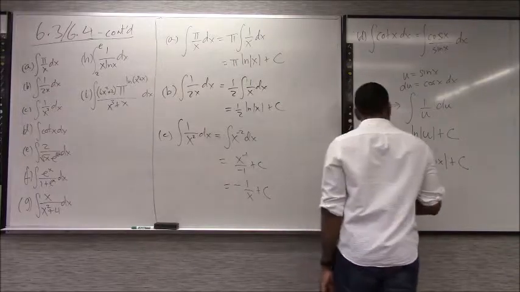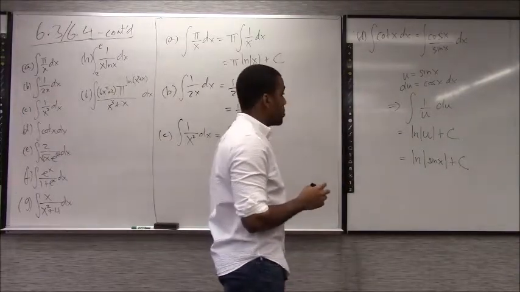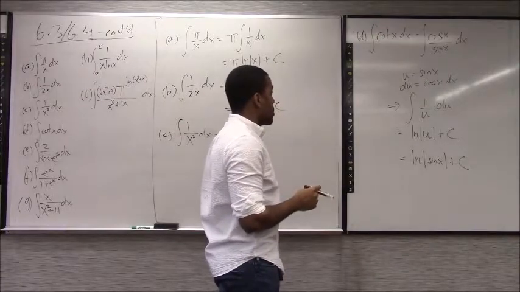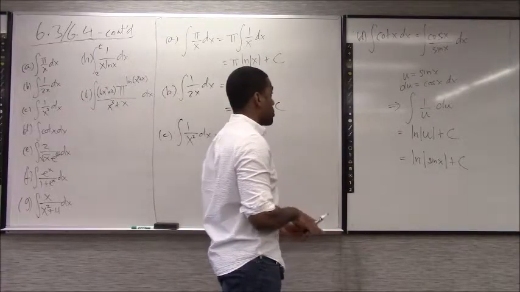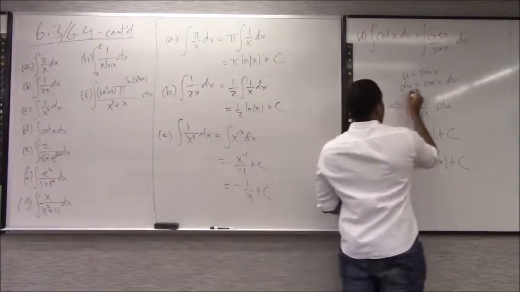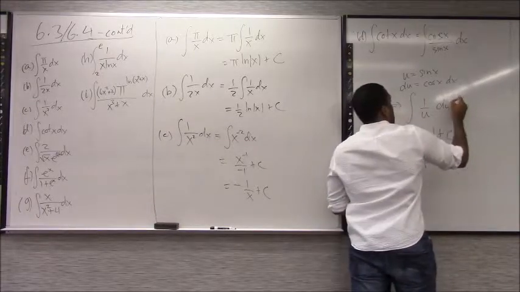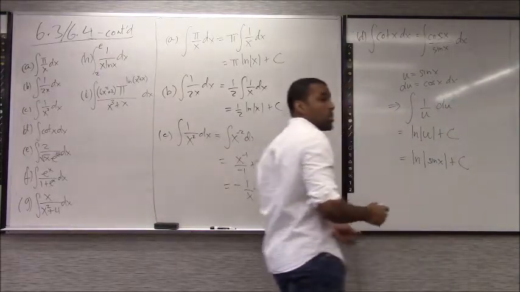Do you divide by cosine? I just don't know where the cosine would go. Well, it went into the du. Right, du is cosine x dx, so when I see this cosine x dx, that's du.